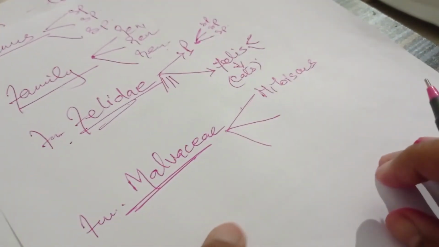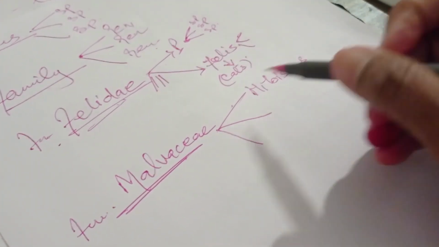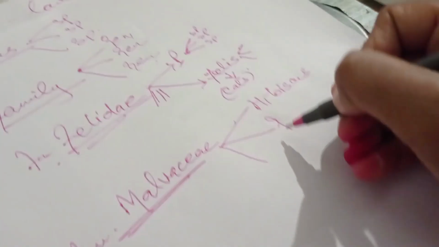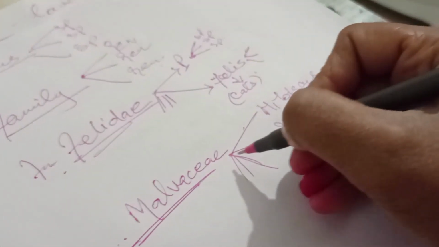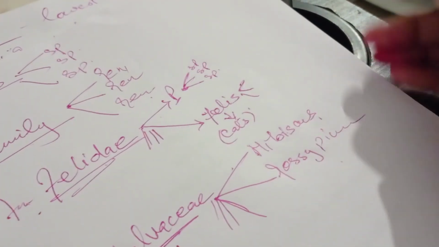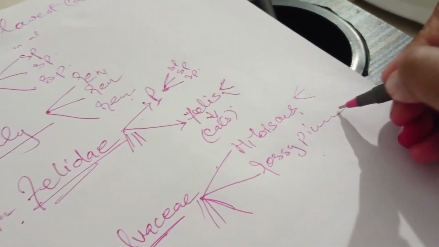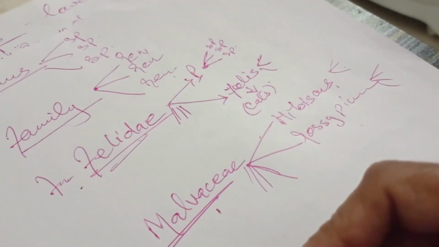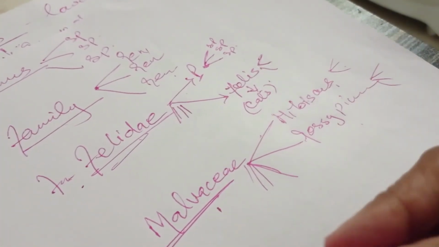You know the flower hibiscus, that is China rose. This comes under genus Hibiscus, family Malvaceae. And you have heard about cotton, that is called Gossypium. There are again many genera included in family Malvaceae. Hibiscus genus will have many species, Gossypium genus will have many species. That means each family is made up of many genera, which in turn are made up of many species.